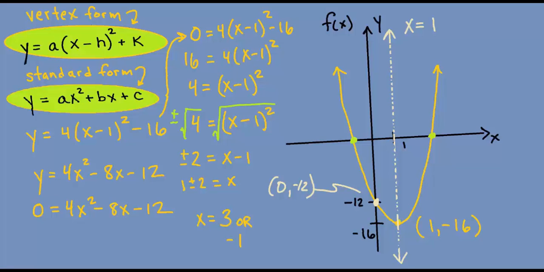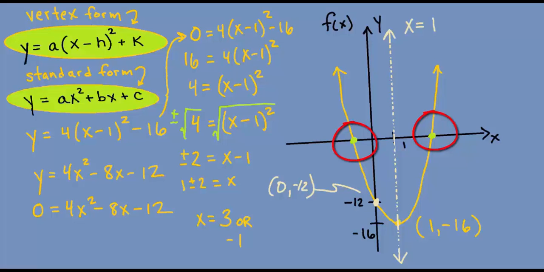I mean, I don't know what you thought, but just to recap, we wanted the x-intercepts, so we put in 0 for y. We put that 0 in for y in the vertex form, and then we solved for the x values, and we got 2 of them, which is what we were expecting, right? We got one here at 3 and one back at -1.